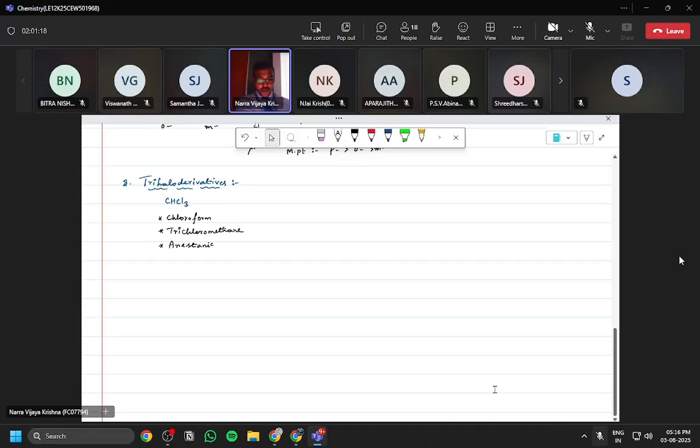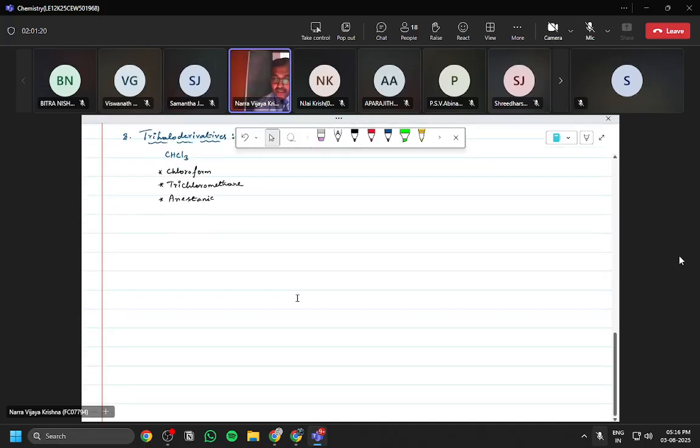Right. So used as anesthetic. If this is allowed to react with alcoholic KOH, now tell sir what will be the product. What does alcoholic KOH do? First, it will go and pull acidic hydrogen.